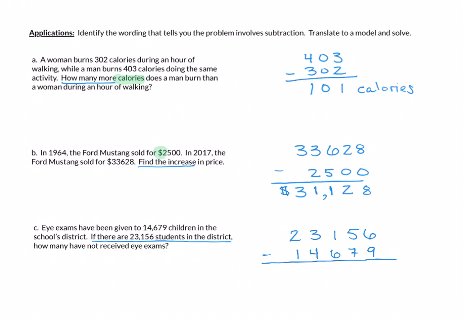Can I do 6 minus 9? Can I take 9 away from 6? The answer is no. So we're going to go ahead and borrow from the 5. It becomes a 4. 6 becomes a 16. And we subtract. 16 minus 9 is 7.